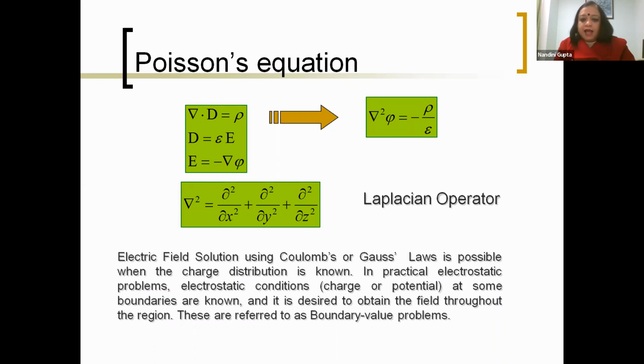When we solve this, we will get the combined field, which is due to both the external applied field and any charges present within the material. In the next class, we will learn how to solve this. Before going on to the finite element method, I would like to discuss a little bit about the solution of Poisson's equation, so that you see what is the advantage of using finite element method and not analytical solutions.